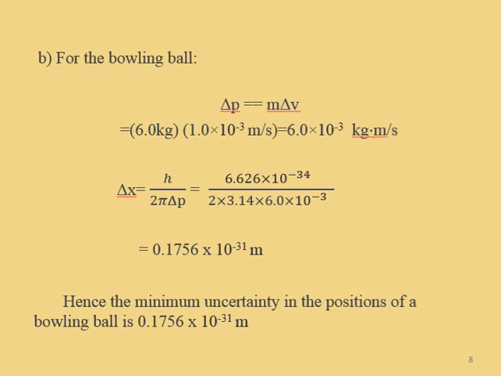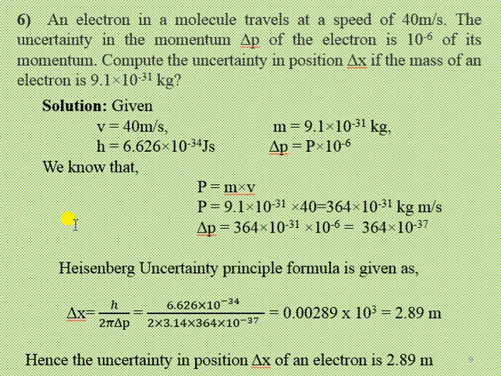Next numerical. An electron in a molecule travels at a speed of 40 meter per second. The uncertainty in the momentum of the electron is 10 raised to minus 6 of its momentum. Compute the uncertainty in position if the mass of an electron is 9.1 into 10 raised to minus 31 kg. Given velocity 40 meter per second, mass of the electron 9.1 into 10 raised to minus 31 kg, and Planck's constant, which is also a constant.